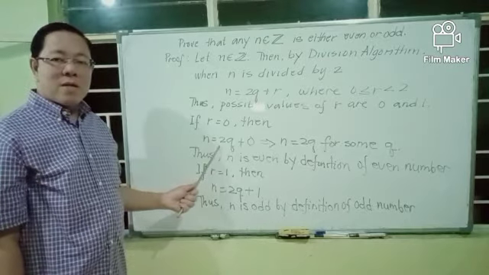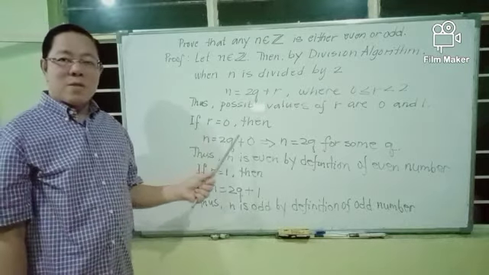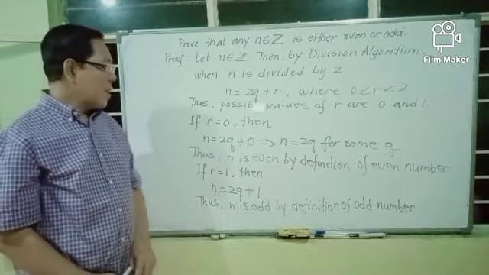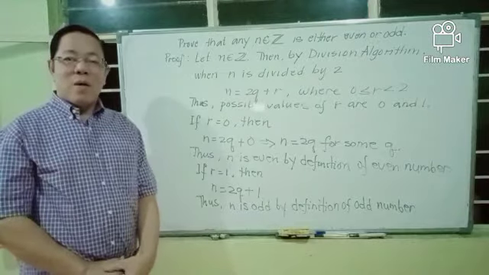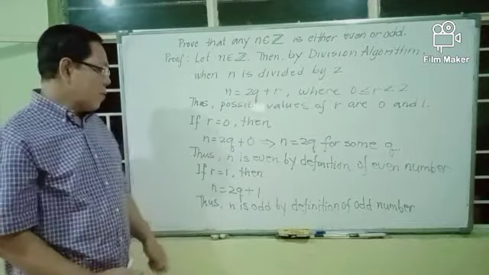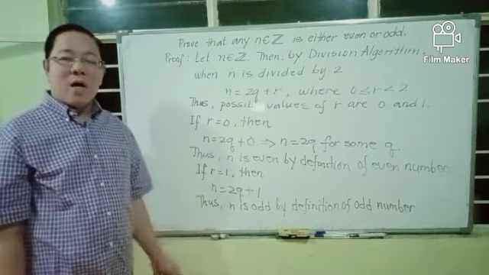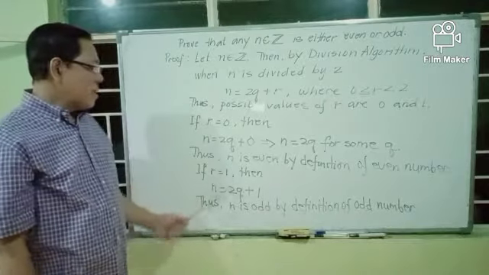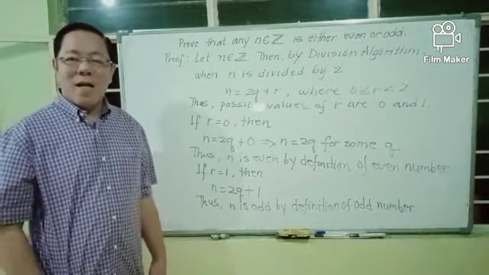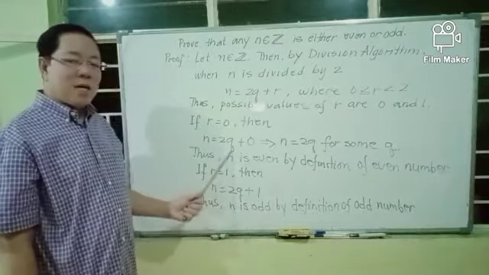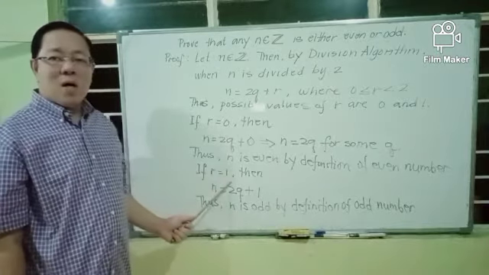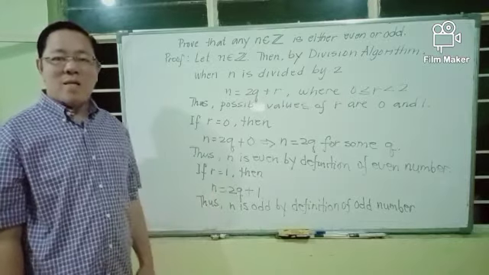And here the remainder R equals 0 is obtained when N is divided by 2. And N is even. When N is even, the remainder R is 0. And when N is odd, the remainder R is 1. And combining these two results, if N is any integer, then N is either even with remainder of 0 or odd with remainder of 1 when N is divided by 2.